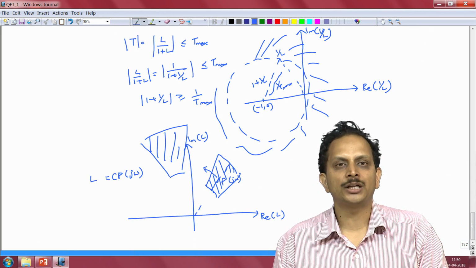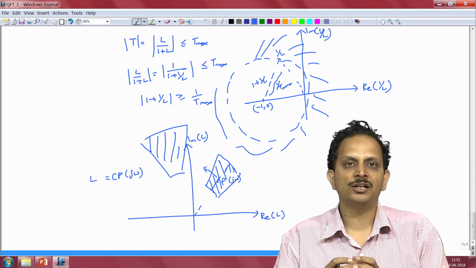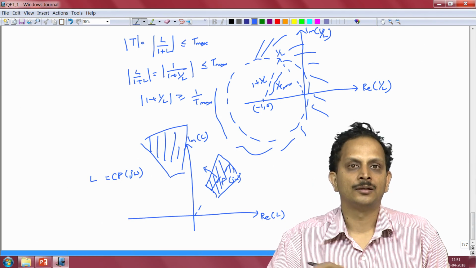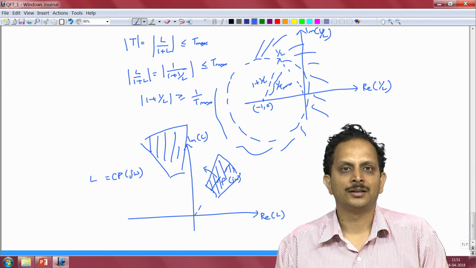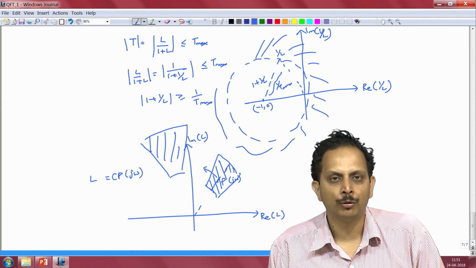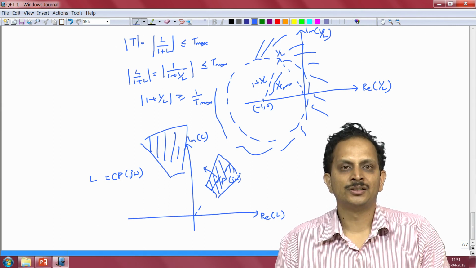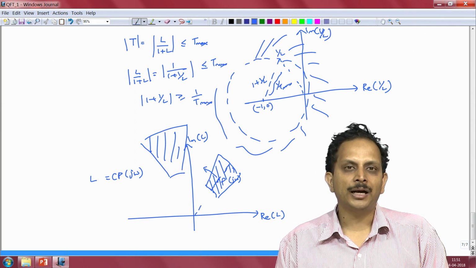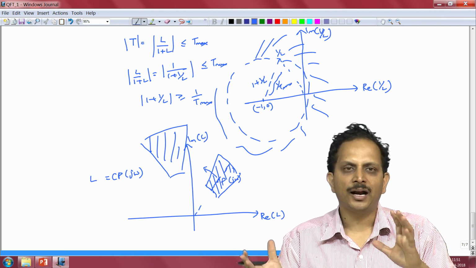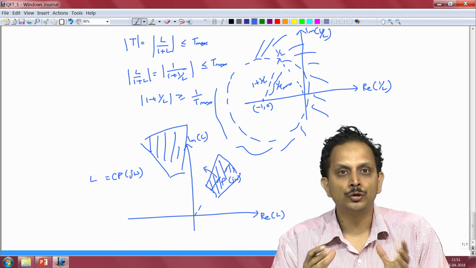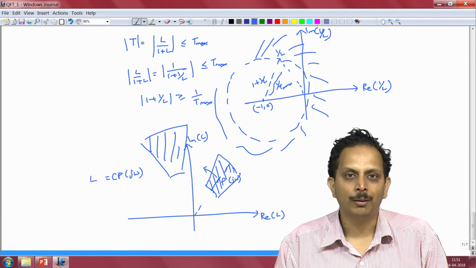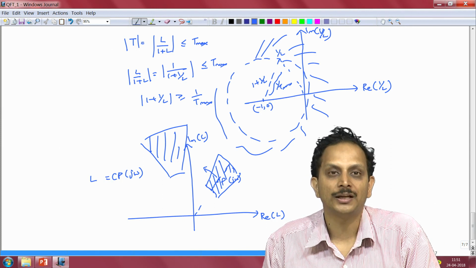The only issue with it, however, is that when we have an uncertain plant, then the uncertain plant results in an area in the Nyquist plot where the complex number P of j omega can lie, and when this area gets multiplied by the controller transfer function C of j omega, the area gets expanded and rotated and now assumes a different orientation and a different size compared to the size of the original area.